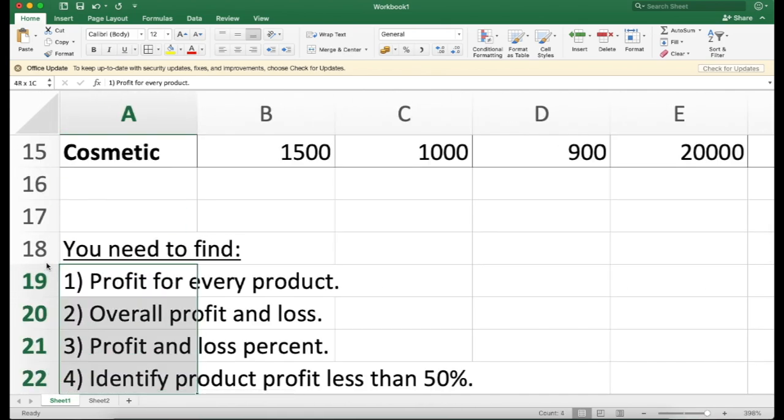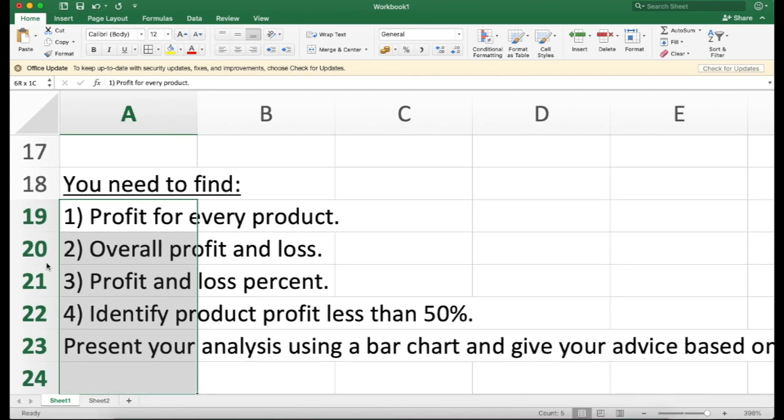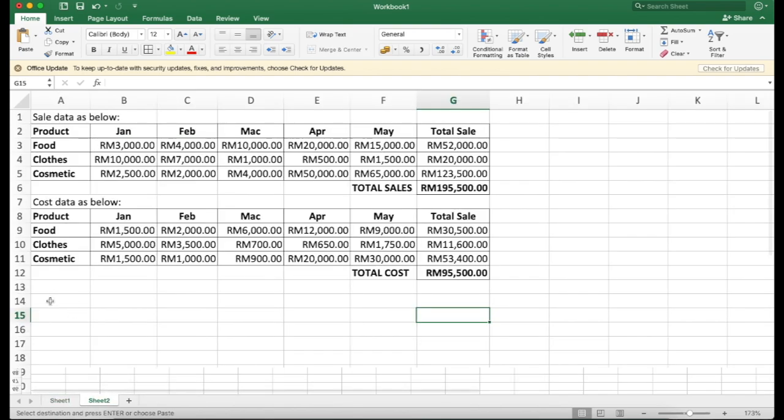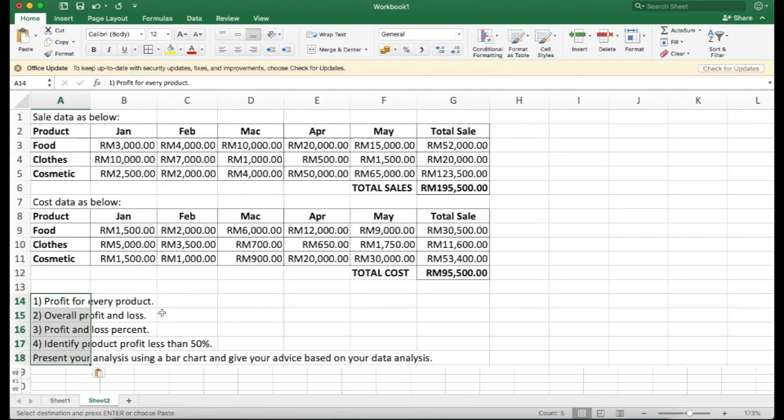Okay, the question is profit for every product. Okay, copy first and then go to the second spreadsheet. So we can get the profit for every product. Yes, we already get for the... no, we don't have a profit for any product.